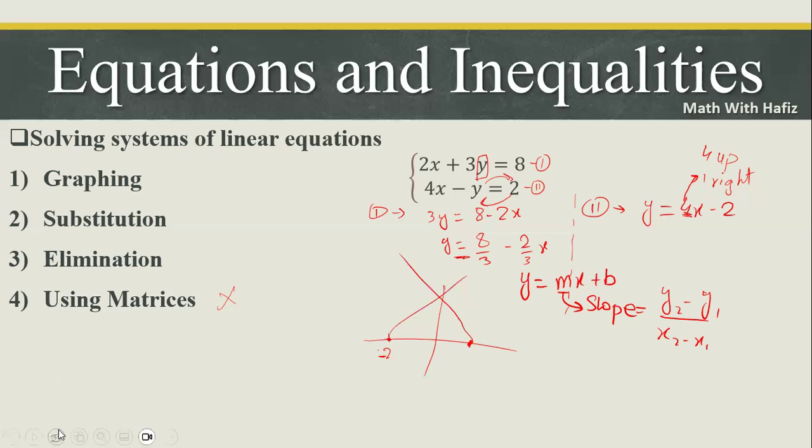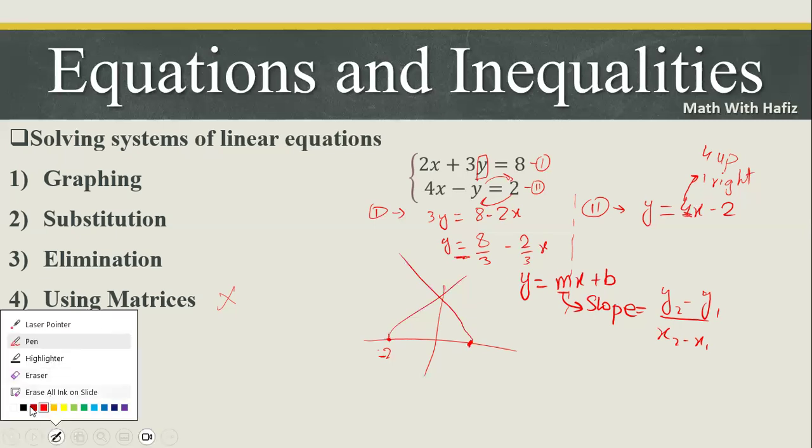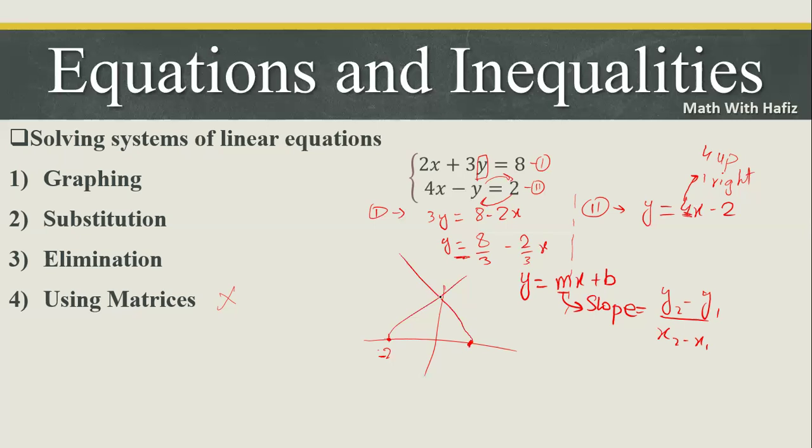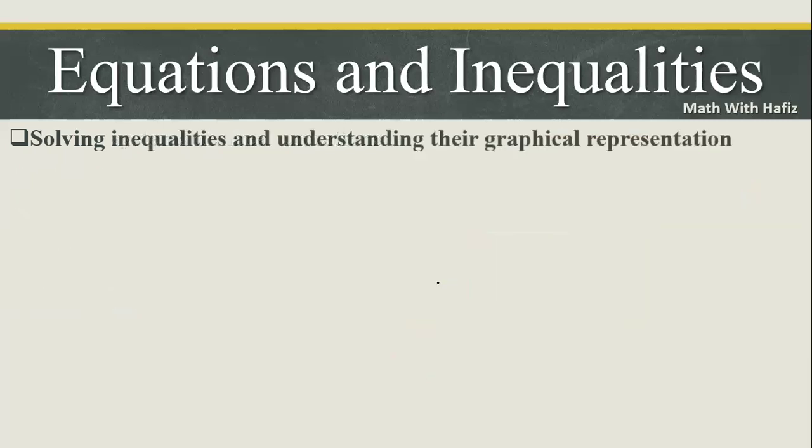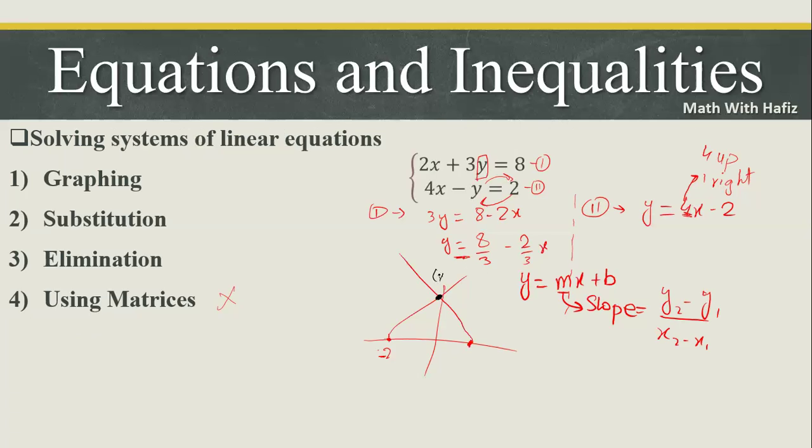The solution will be at this point: the value of x here and the value of y at this point will be the solution for this system of linear equations.